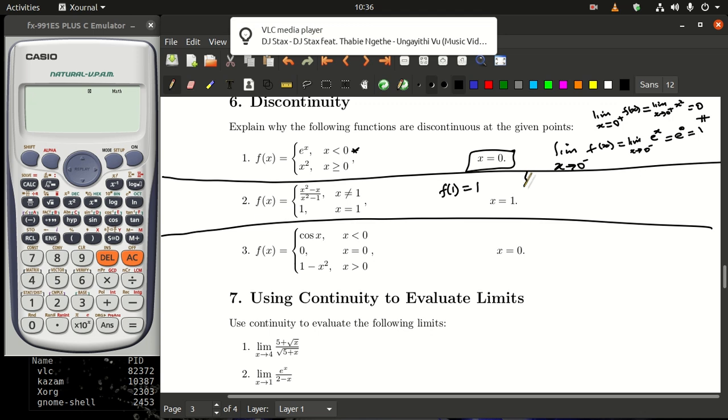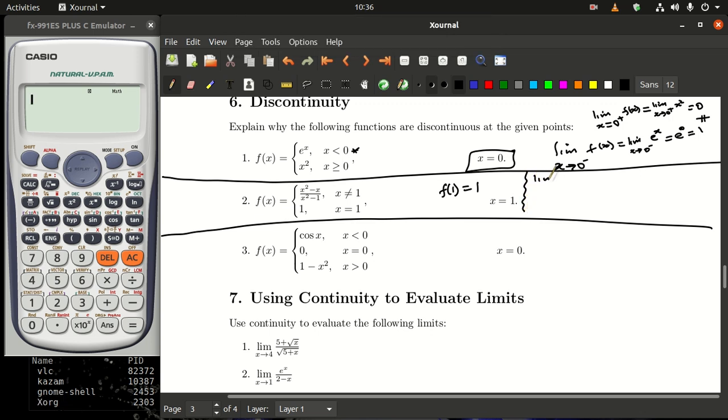That's fine. Now, let us look at the limit as x approaches 1 on the left of f of x. If I am picking a value that is on the left of 1, take note that x is not equal to 1, but it's just on the left. So at the left of 1, I will end up having that particular function there.